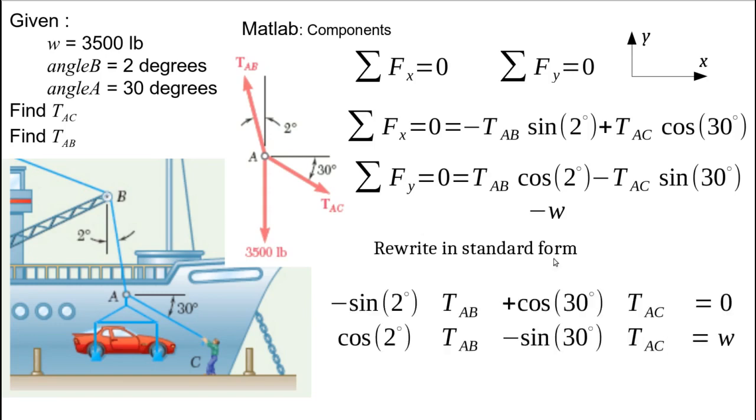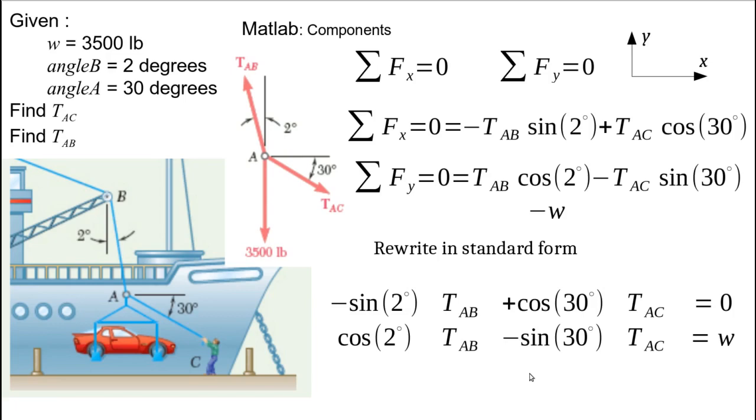In standard form, you put one variable first and another variable last, and anything without that variable goes on the right side. Note that sine of 2 degrees, cosine of 30 degrees, and W are all numbers. TAB and TAC are our variables.